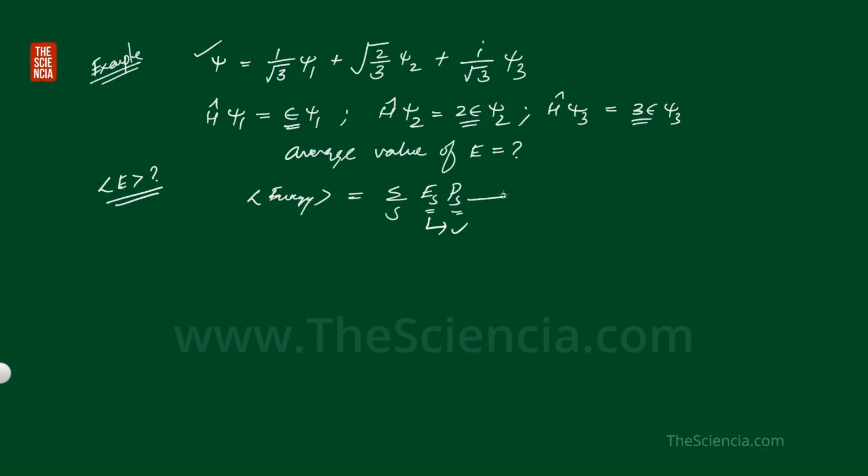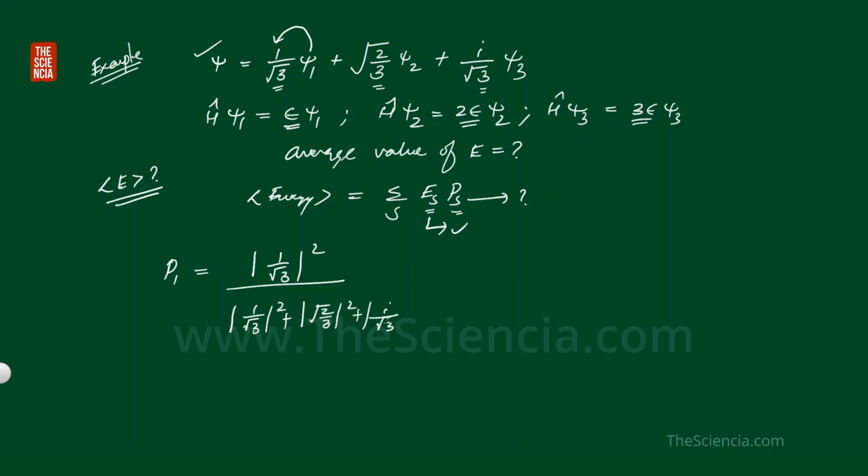Now we have to evaluate the Ps values, that is P1. I told you how we can find the probability from a linear combination of states. We have to find the probability of finding the particle in the state psi 1. So we take the amplitude, that is the modulus square of 1 by root 3, divided by the modulus squares of all these amplitudes: modulus of 1 by root 3 squared plus modulus of root 2 by 3 squared plus modulus squared of i by root 3.